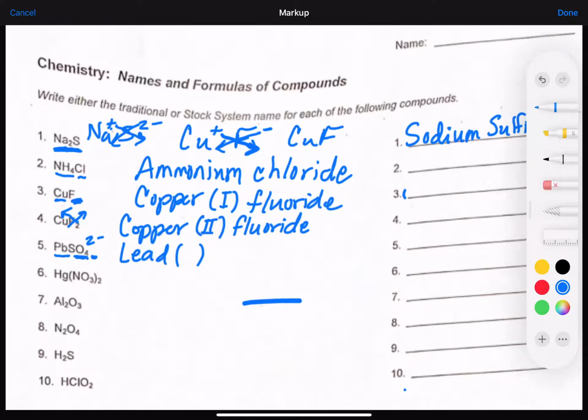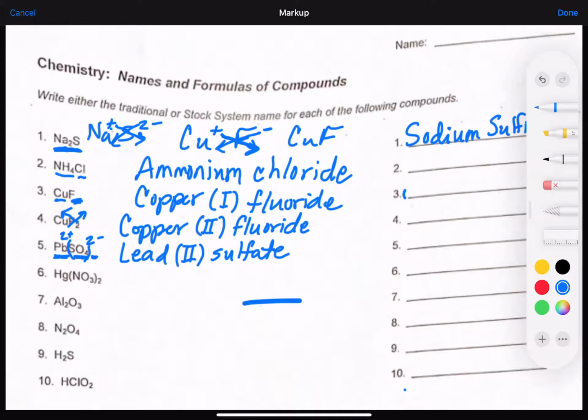I know there's a 4, but the 4 goes with the entire polyatomic ion, so there would have to be parentheses for a subscript. So if sulfate wants to gain 2 electrons, it will only need one lead atom if that one atom of lead wants to give away 2 electrons. So we must have the lead ion that is 2 plus, because sulfate is 2 minus. The only way it can bond in a 1-to-1 ratio with lead is if we have lead with a 2 plus charge.